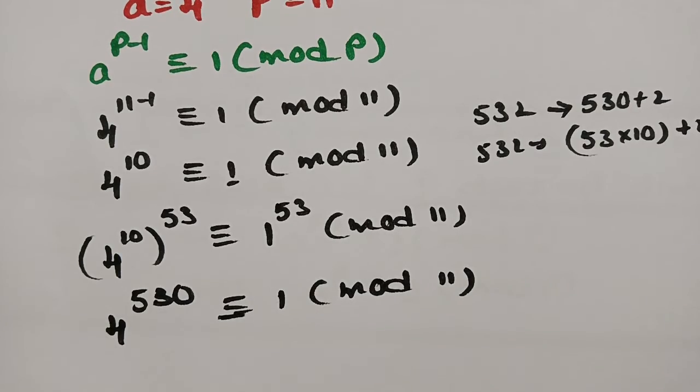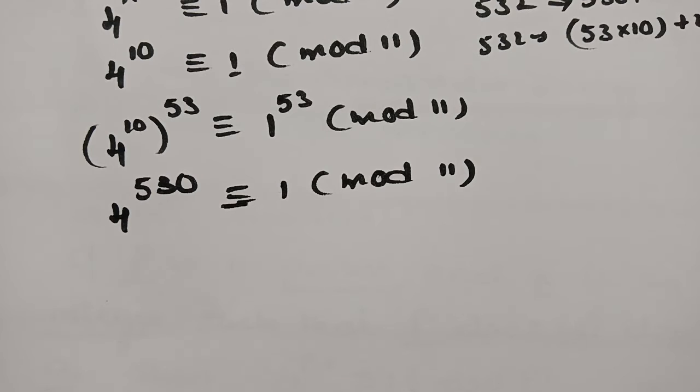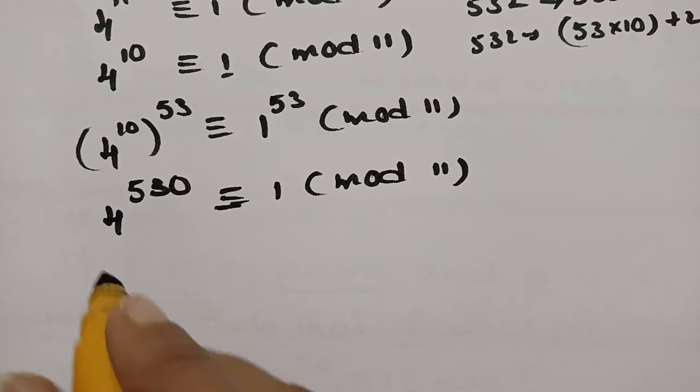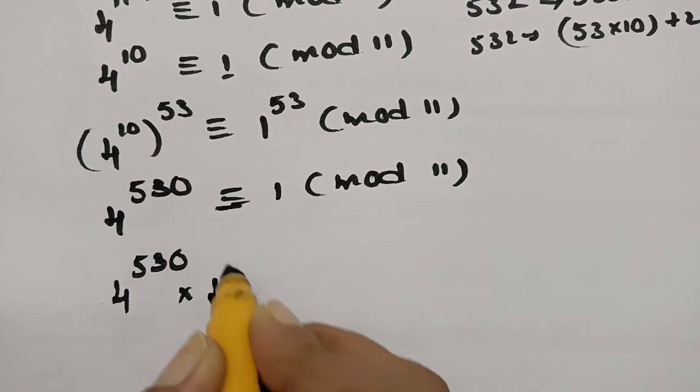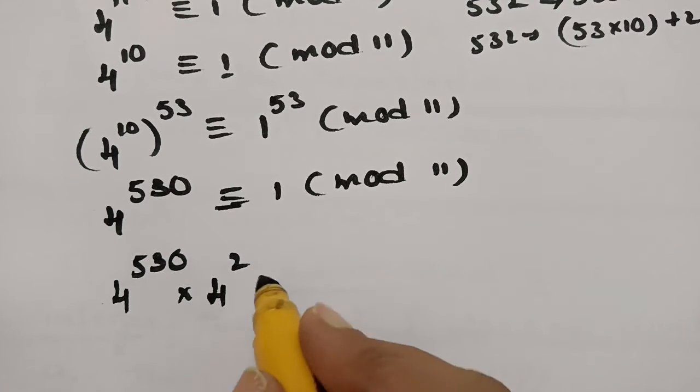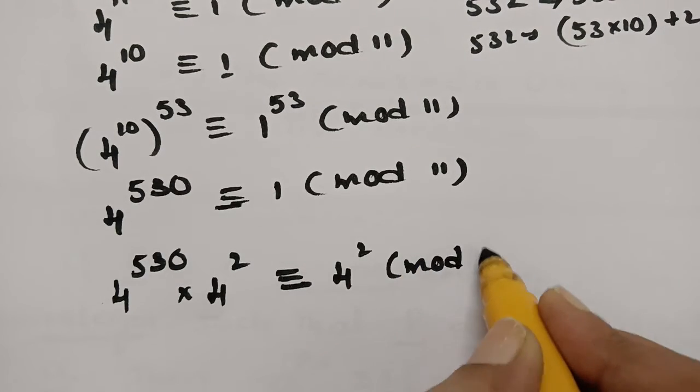And I need 2 here, for 532 I need 2. So that's why I am multiplying with 4 square on both sides, modulo 11.